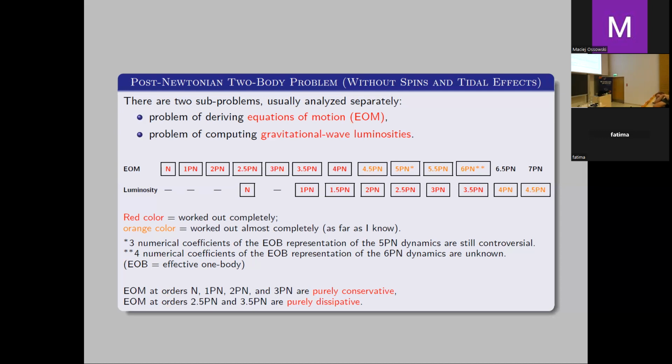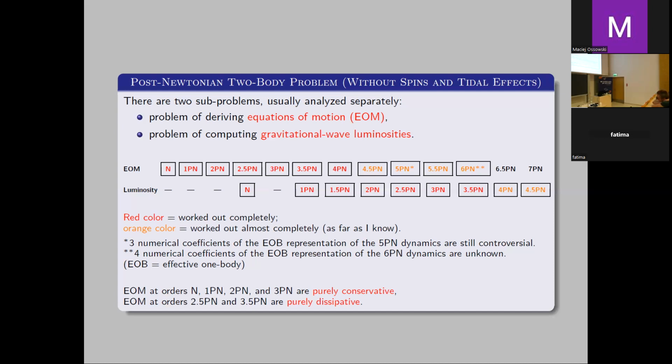So it is possible to obtain the luminosity just from the equations of motion. But to get the leading order luminosity, you have to know the 2.5PN orbital motion. So there is a 2.5 orders shift between the luminosity and the equations of motion.